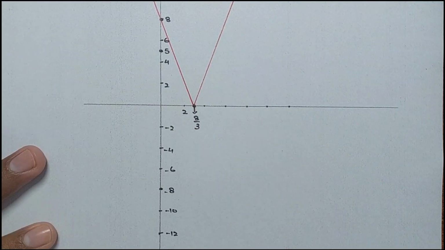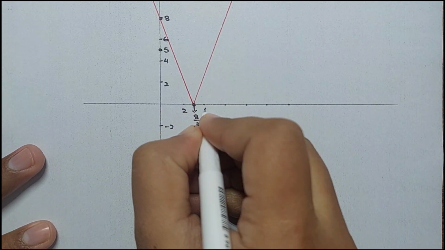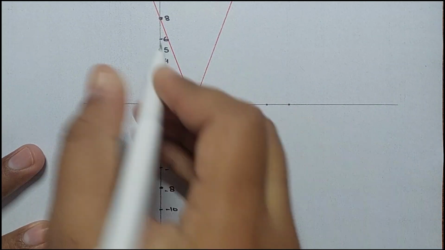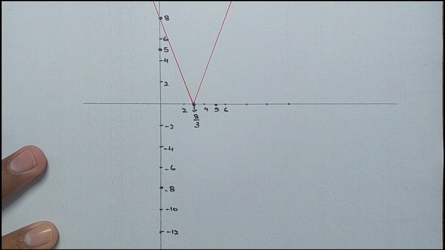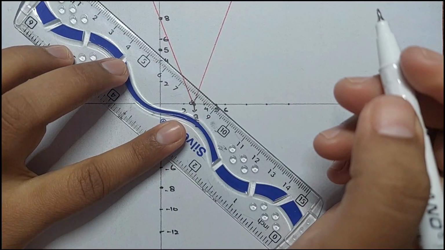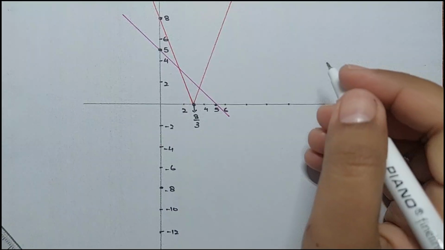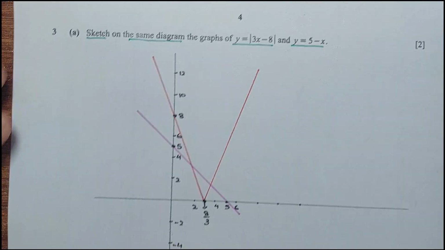Okay, 2, 4, this is 4, this is 6, so 5 is in the middle, 5 is over here, y is also 5. Let me join both of them. This is the purple one, a graph for the straight line. Okay, right.